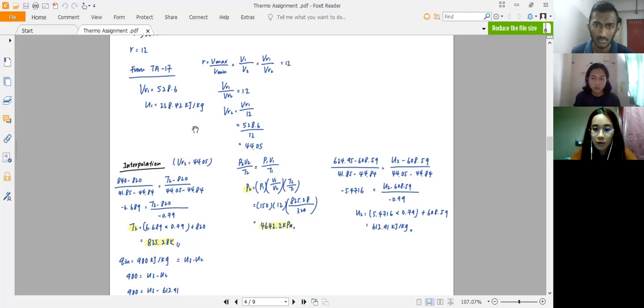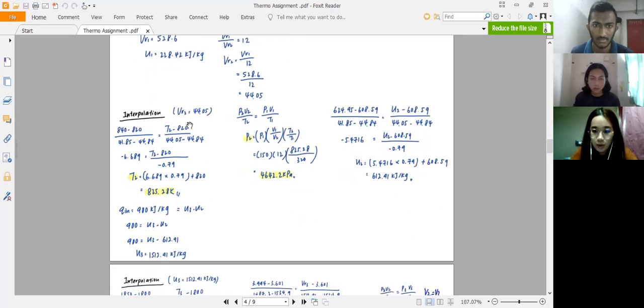So we obtain a formula in which vr1 over vr2 is equal to 12, and then we obtain that the vr2 is equal to 44.05. So we use this value, vr2 is equal to 44.05, to make the interpolations, and then we obtain the T2 is equal to 825.28 Kelvin, and the u2 is equal to 612.91 kilojoule per kilogram.